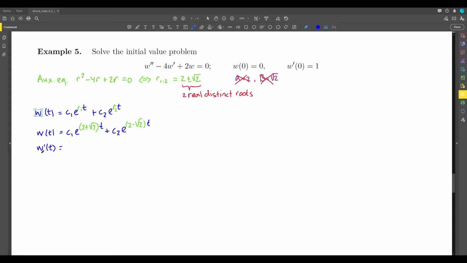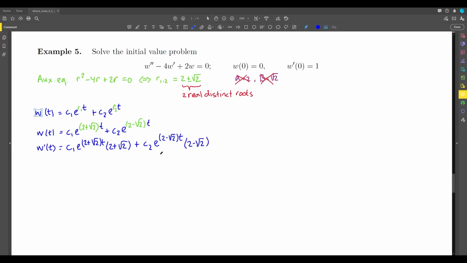So when we look at w prime, I can write that as c1 e to the power 2 plus square root of 2 t, and all of that multiplied by 2 plus square root of 2, the derivative of the inside function, and then plus c2 e to the power 2 minus square root of 2 times t times the derivative of what's inside.